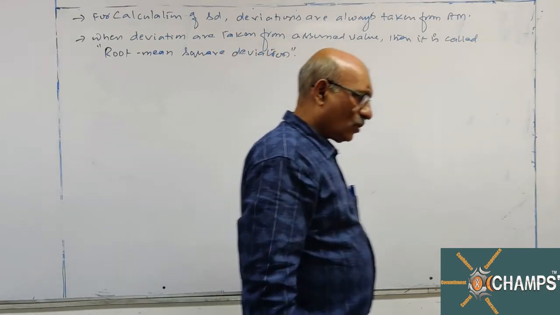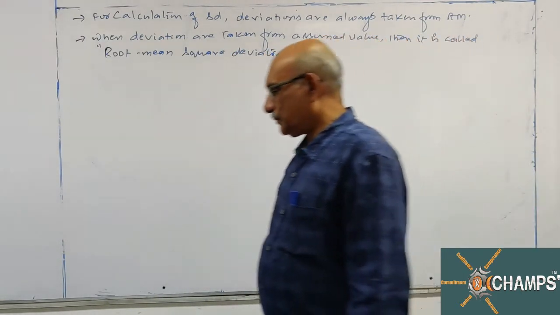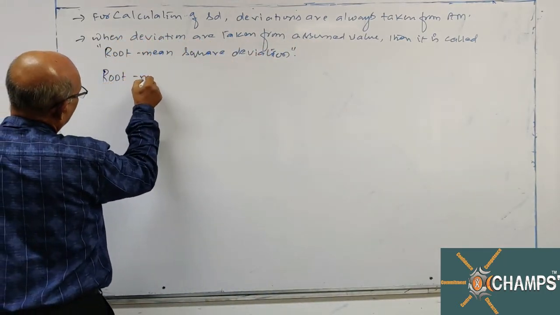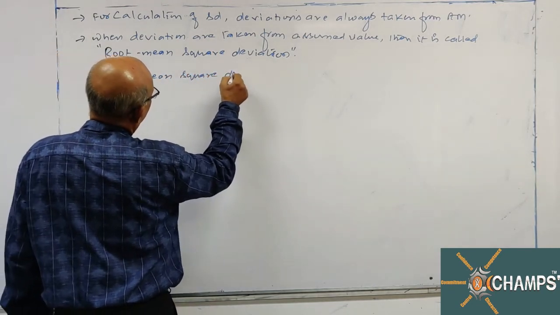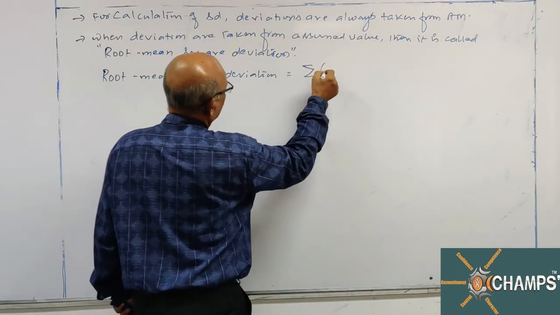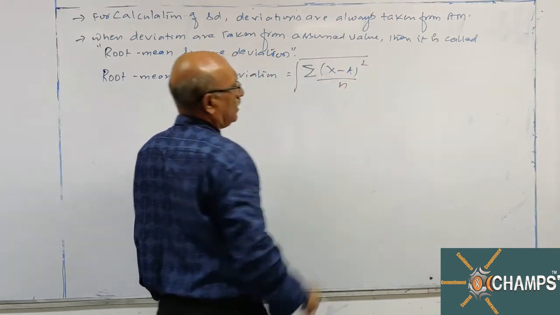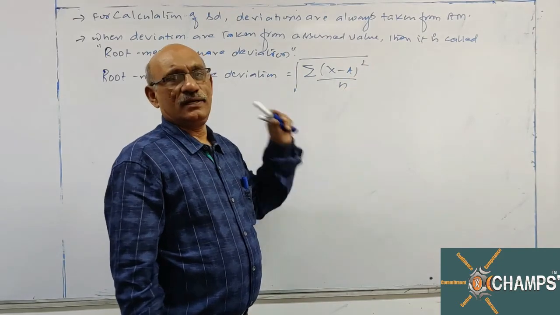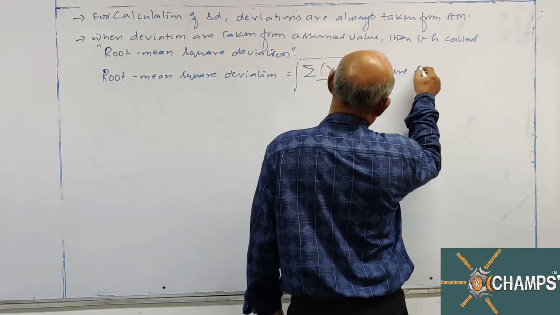Root mean square deviation is equal to the square root of summation of x minus a whole square by n, where a is equal to assumed value.